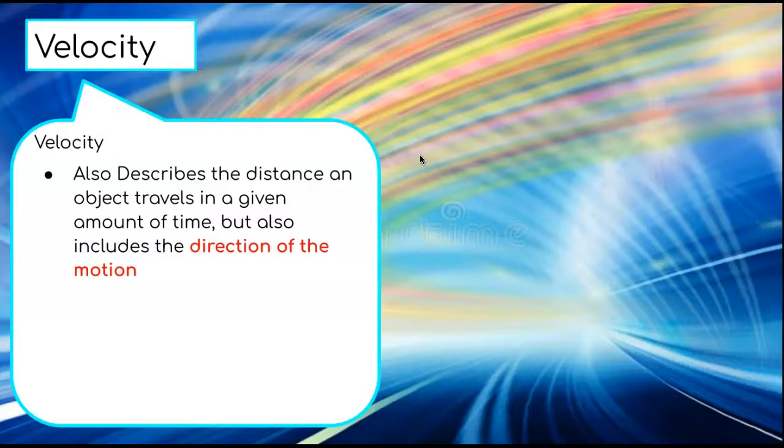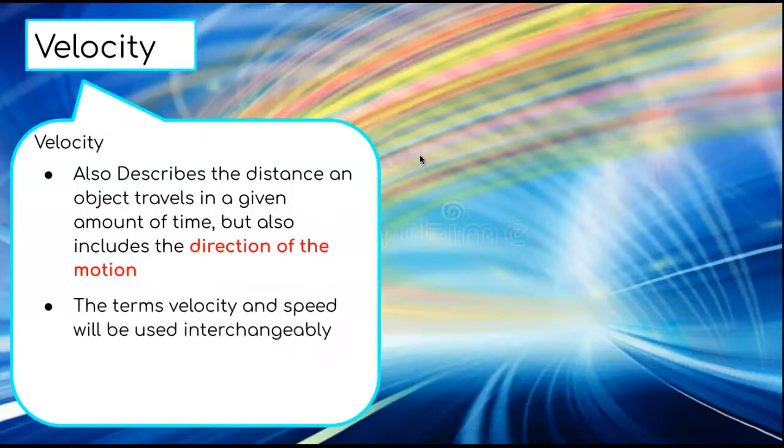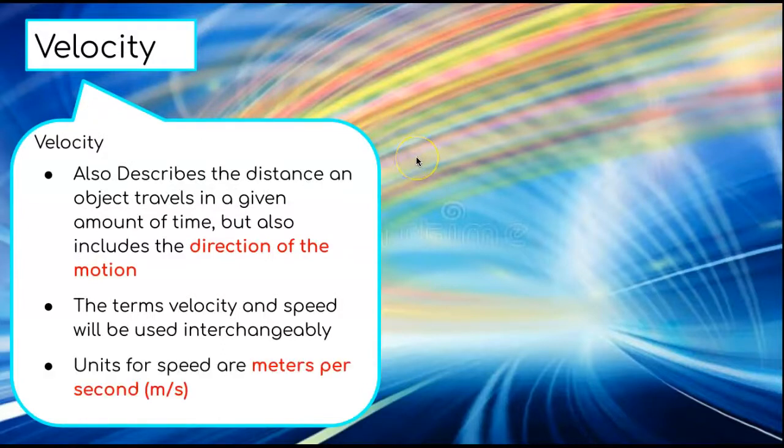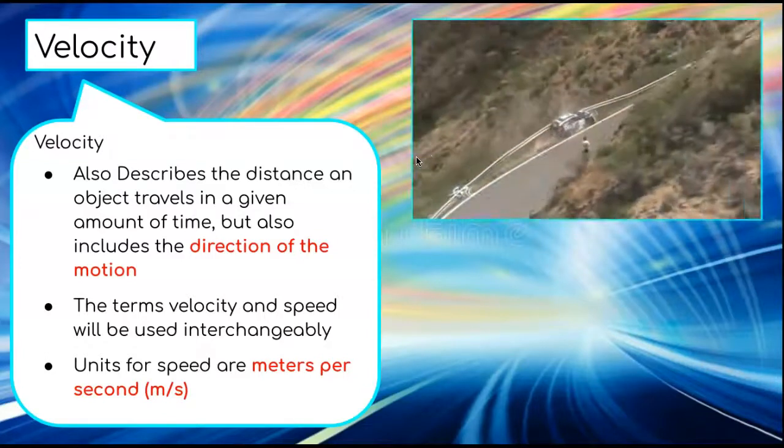So velocity gives us that one additional piece of information, which is the direction that the motion is going in. At our level in middle school, we will be able to use velocity and speed interchangeably. Because of that, the units for velocity are also meters per second, again, a distance per unit time.